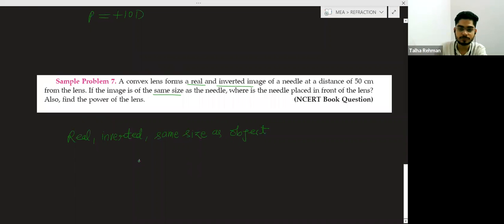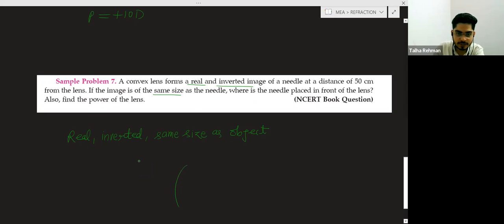So you can say that a convex lens will produce an image that is real, inverted, and the same size as the object when the object is placed at a distance of 2 times the focal length in front of the lens.